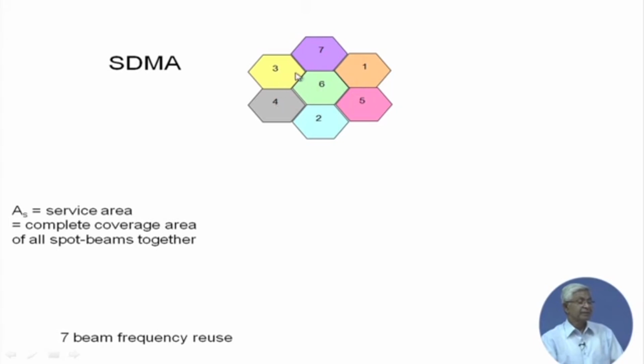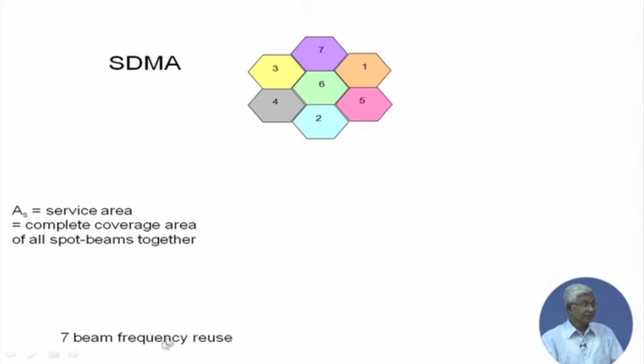In practice the beams will be circular or elliptical, but for simplicity we made them hexagonal for easy understanding. Let AS be the total surface area, which may be larger than this, and that is the complete coverage area for all spot beams together.